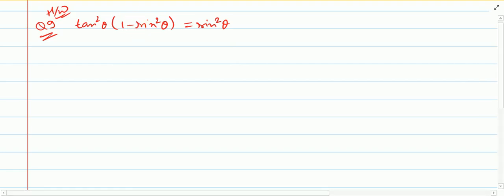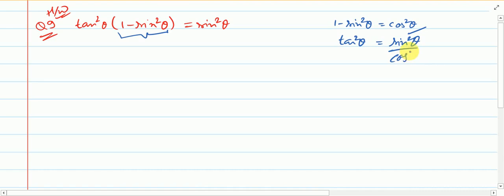You will copy the left hand side and write this as a single term. Yes, because 1 minus sin square theta is equal to cos square theta. So in place of 1 minus sin square theta you can write cos square theta, and then this tan square theta can be written as sin square theta upon cos square theta. Okay, and therefore you will get sin square theta on your right hand side. So take this as your homework.